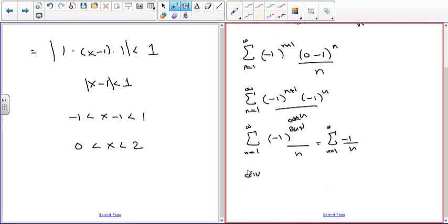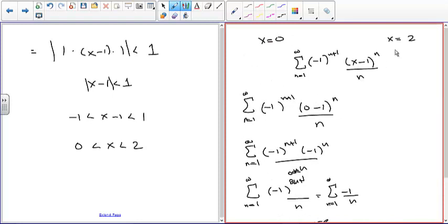This diverges because it is a p-series, p equal to 1, which is less than or equal to 1. If p is less than or equal to 1, then the p-series diverges. So this diverges, and therefore the series does not converge at 0. It diverges at 0, so we're not going to put an equals sign there.